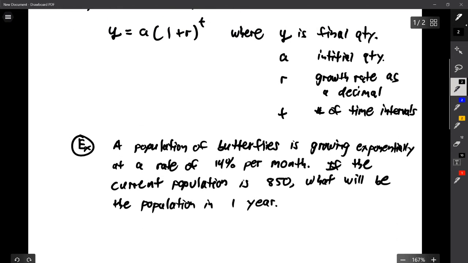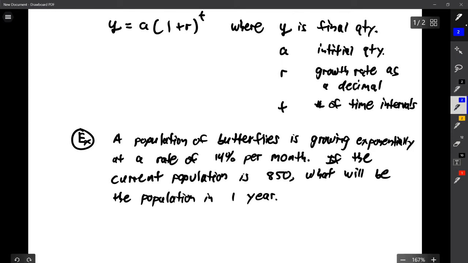Okay, so let's see what we know. Do we know what A is, the initial quantity? Yeah, A is 850. Do we know what r is, the growth rate? The growth rate is 14%, so I'm going to represent that as 0.14.